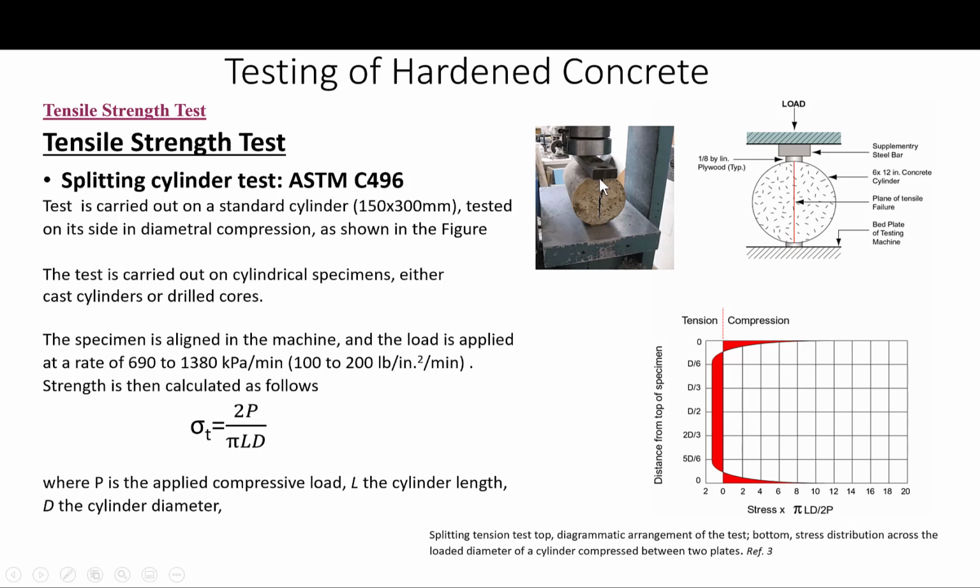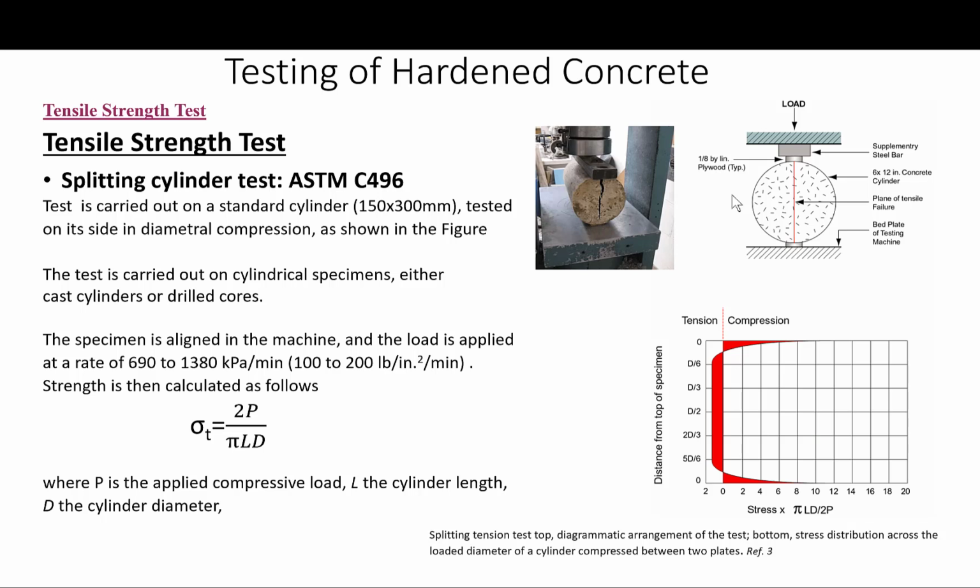As you can see, this testing strip will be located right here. The specimen is aligned in the machine, as you can see here in the figure, and the load is applied at a rate of 690 to about 1,380 kilopascals per minute.